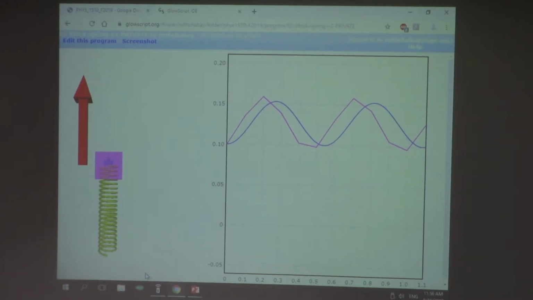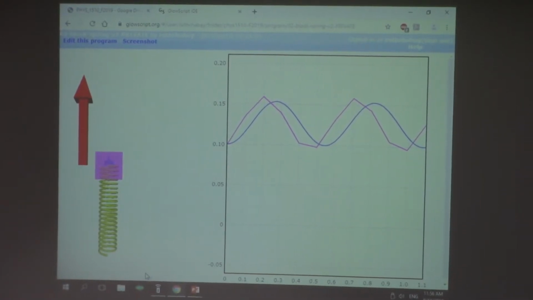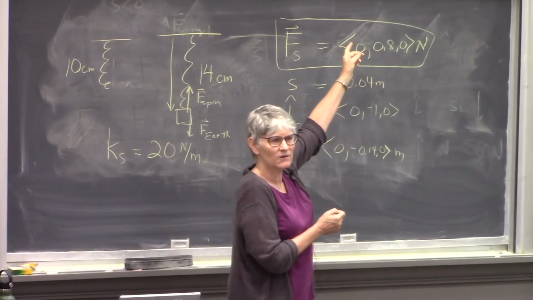And so we actually get something that looks like a sine curve for y versus t. And it actually is, but the interesting thing is that we didn't put a sine curve into the program.